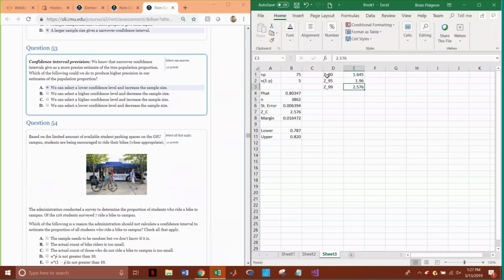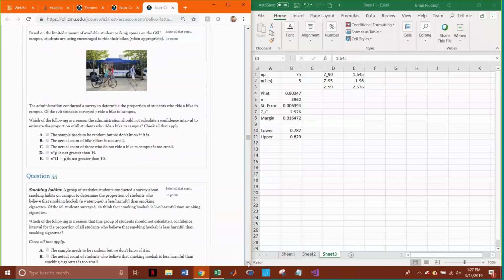For 99%, it's 2.576. That means we get a wider interval with 99%. With 95%, we get a slightly smaller one because our multiplier is less. And with 90%, we get even less. So we can select a lower confidence level or increase the sample size. That will give us our highest precision in terms of a confidence interval.